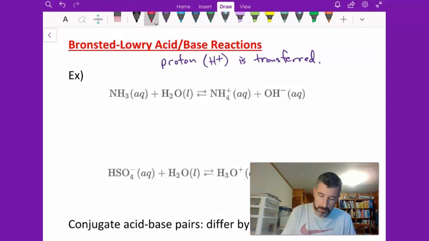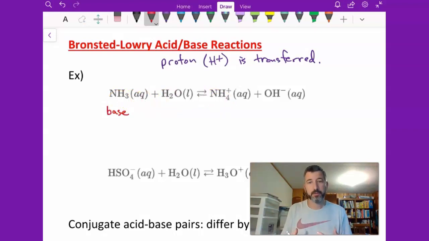Okay, so you should have said that the NH3 on the left side is acting as a base. The reason is that it's gaining an H+ ion as it moves from the left side to the right side. Over here it's NH3, over here it's NH4+, so it must have accepted a proton.